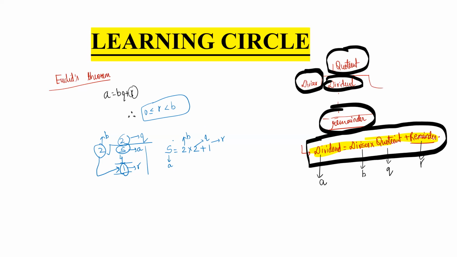The remainder is always greater than or equal to 0, because it cannot be negative, and it should be less than the divisor. So the remainder is greater than or equal to 0 and less than B.